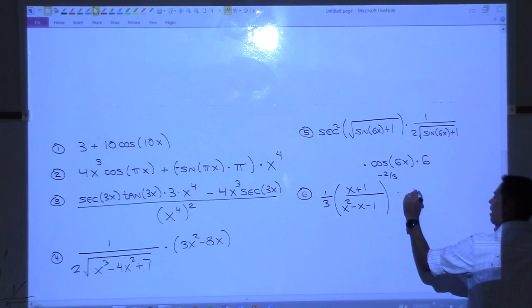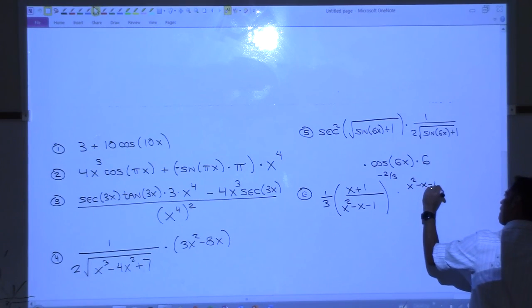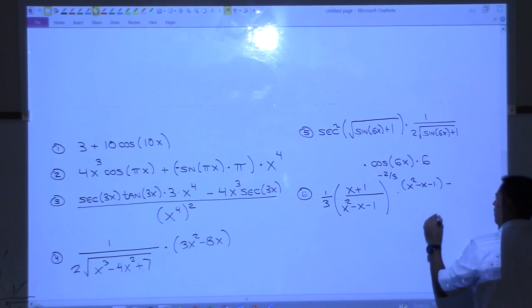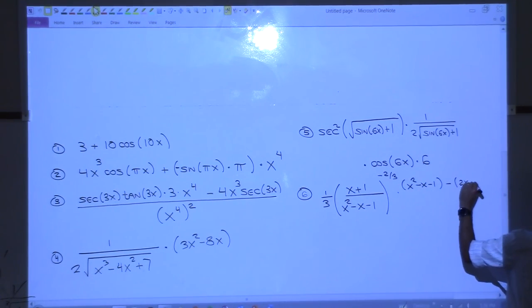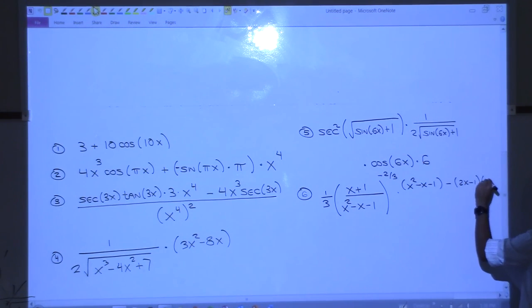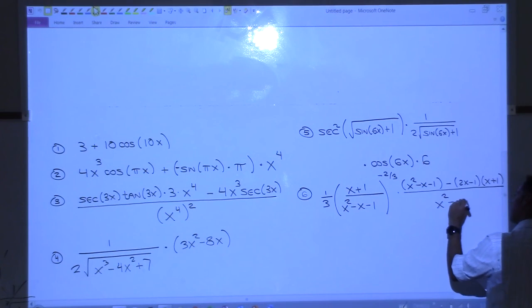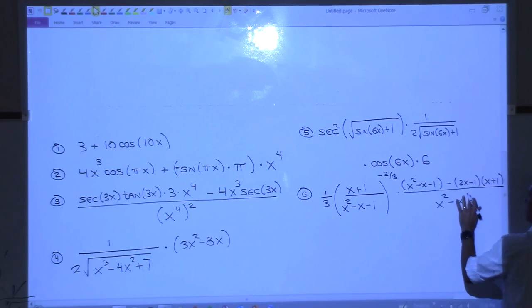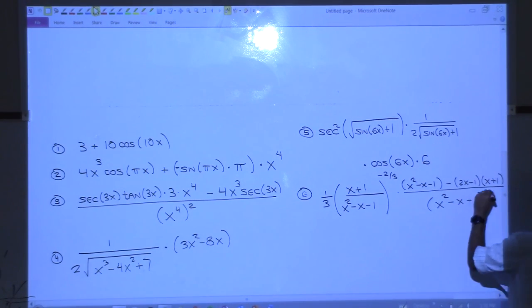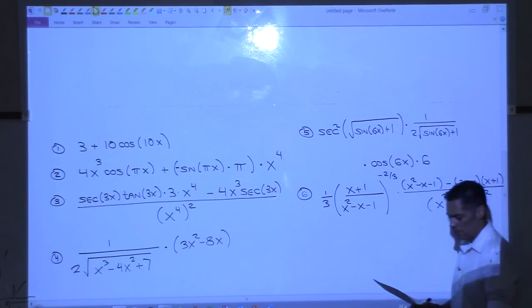So derivative of the top is 1 times the bottom, minus the derivative of the bottom, which is 2x minus 1 times the top, x plus 1, all over the bottom squared, x squared minus x minus 1 squared. Yes? And I didn't ask you to clean it up. So, I mean, you could start putting things together, but I'm just going to leave it there.